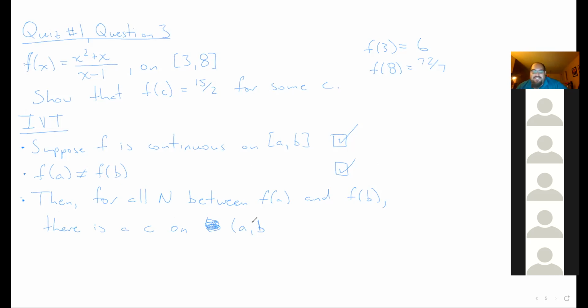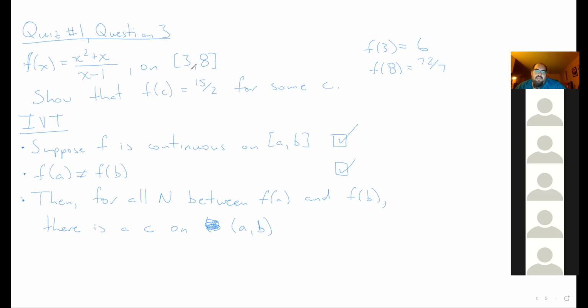So there's a c on the open interval, and the big difference there is that there's some c where f of c is equal to 15 halves.